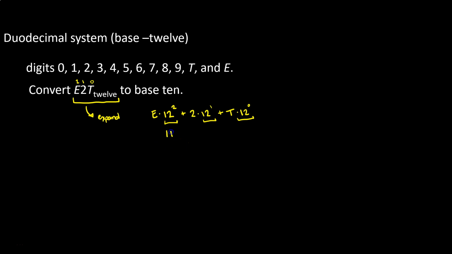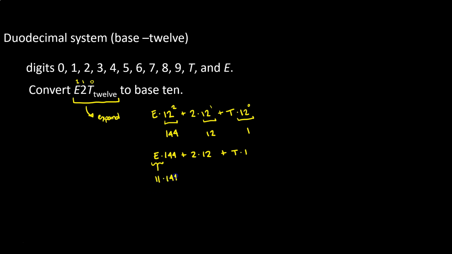12 squared is the same thing as 144. 12 to the first is just 12. 12 to the 0 is just 1. So we could write this as E times 144 plus 2 times 12 plus T times 1. Now, since we're going from base 12 to base 10, I can replace E with what we use in base 10 to represent 11.